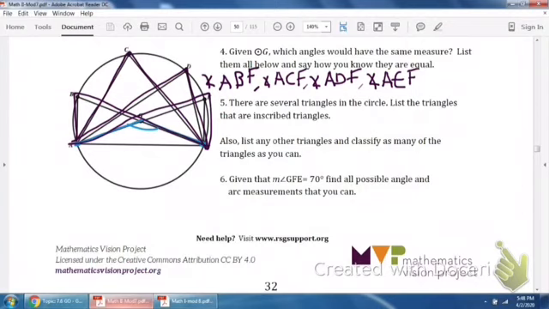I think AF. So all of those intercept this arc because they use the same endpoints, but instead of making a central angle, they're making an intercepted arc. Alright, so that's that one.